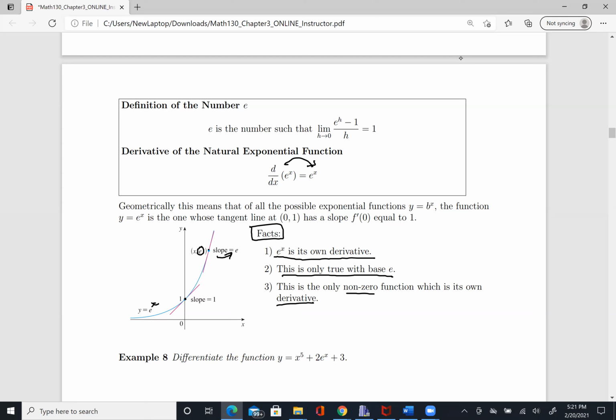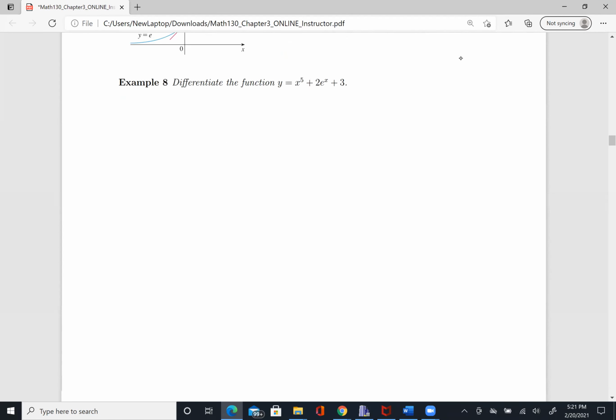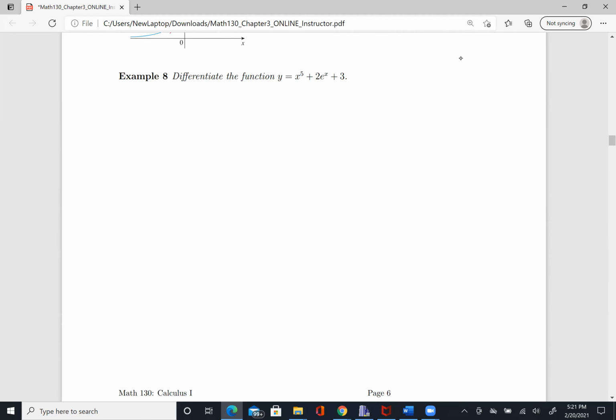All right. Let's do example number 8 over here. The first one, the power rule applies: 5 times x to the power 5 minus 1, which is 4. Next one, plus 2, the constant multiplied with something, just move out the constant, times the derivative of e to the power x, which is itself, e to the power x.